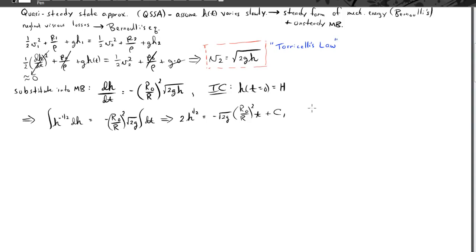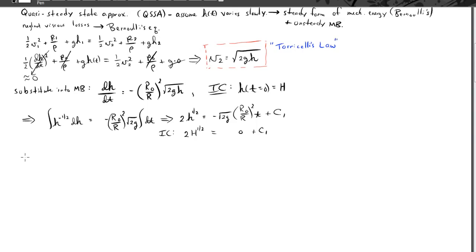We can apply the initial condition: capital H to the 1/2 at time equals 0 is equal to 0 plus c1. So c1 is equal to 2 capital H to the 1/2.